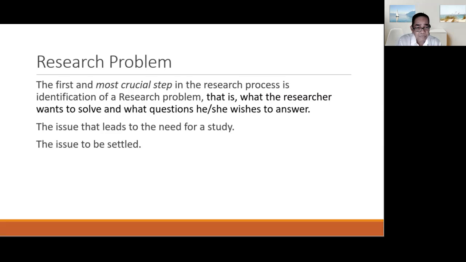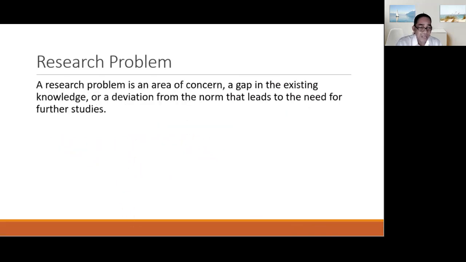The introduction, that is where you write your research problem. That is the issue that leads to the need for the study. The issue to be settled.